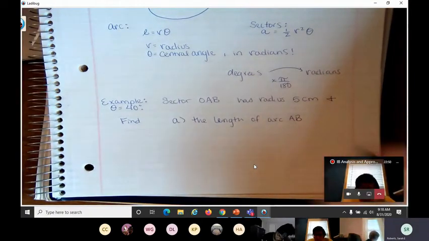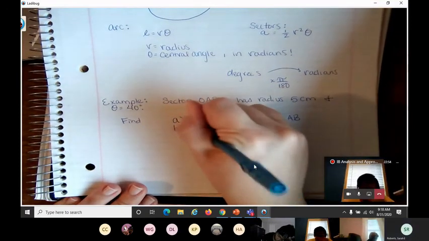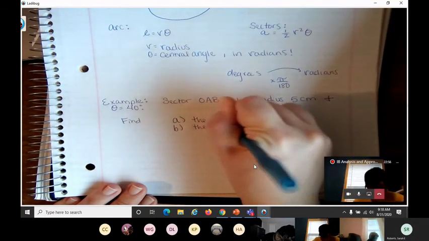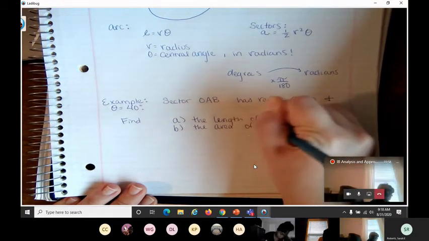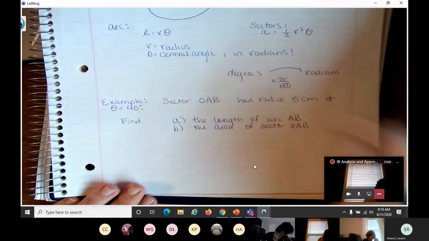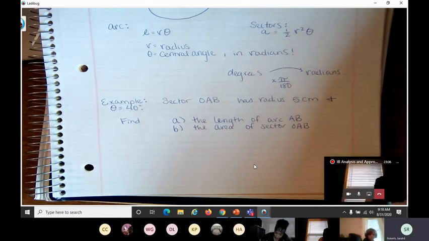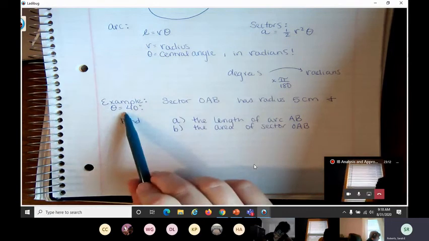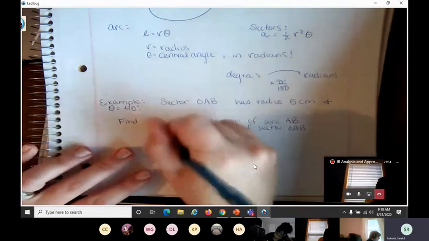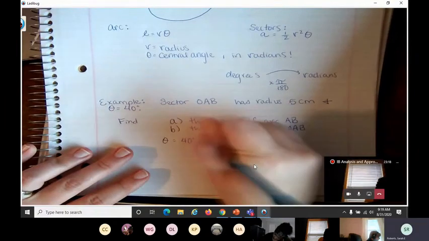And second, we're going to find the area of sector OAB. So the very first thing we need to do, because we're going to have to use our central angle no matter which part we start with, is convert that angle 40 degrees into radians.